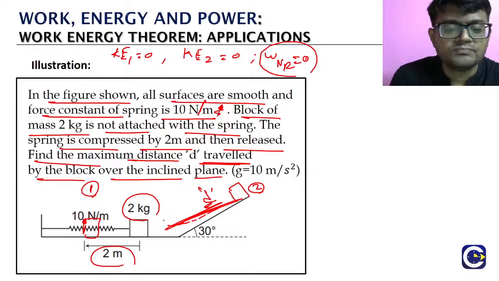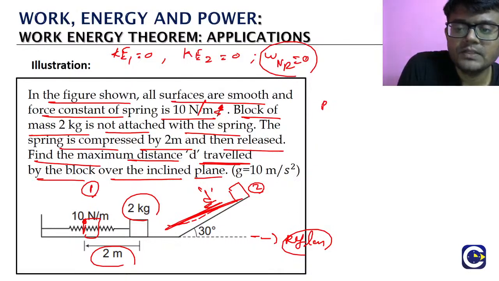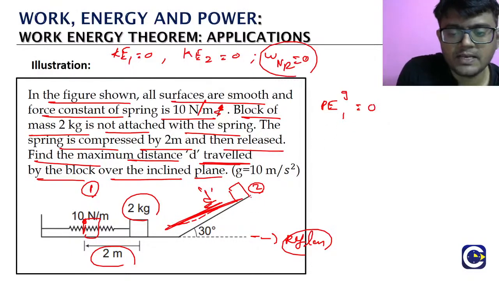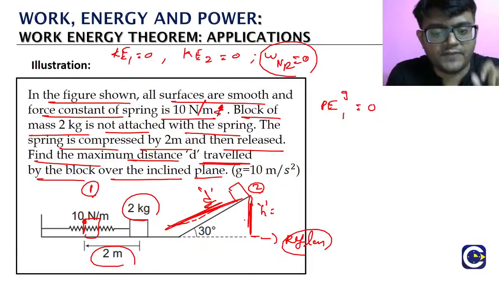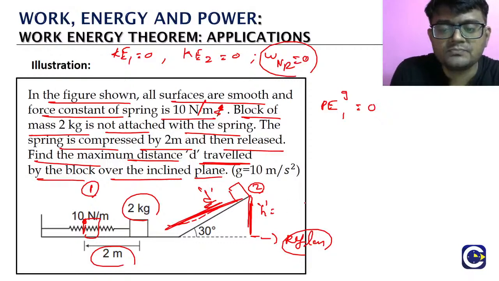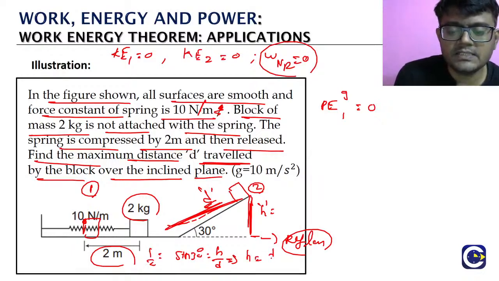In the initial state, we will take this horizontal line as the reference line. The gravitational potential energy of the block is 0. Look here, the final state is at a height h above the reference line. How do we relate h to d? sin 30 is equal to h by d. sin 30 is half, which means h is equal to d by 2.